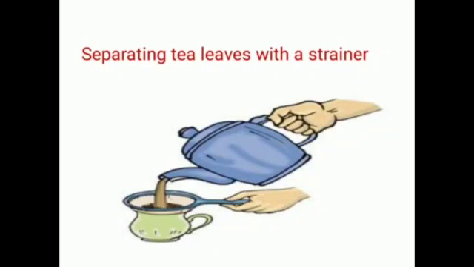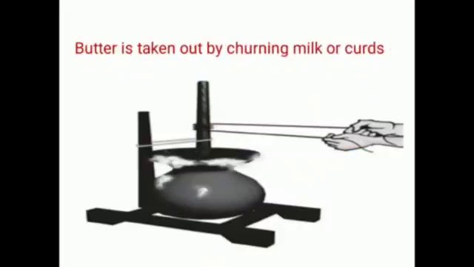This way the tea leaves are separated from the liquid with a strainer while preparing tea. And when we eat poha, many components are there: groundnut, chilies, onion, potato and everything. So what do we generally do if we do not want the chili? We remove it by our hand. So we do various types of separation.